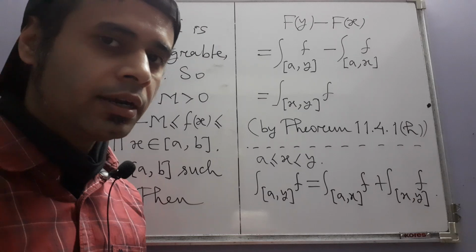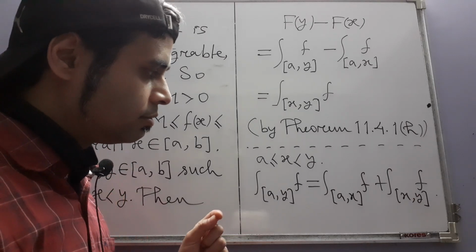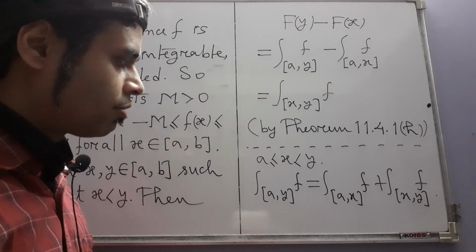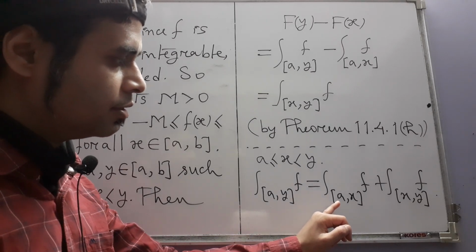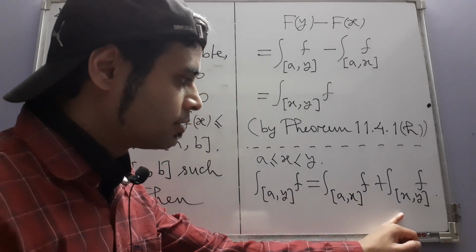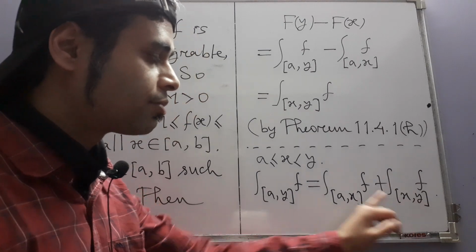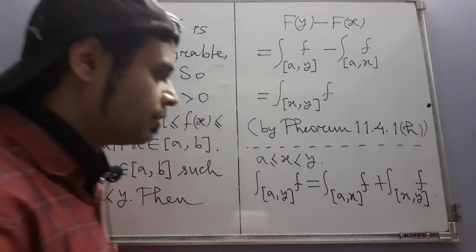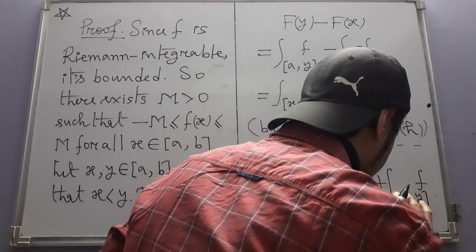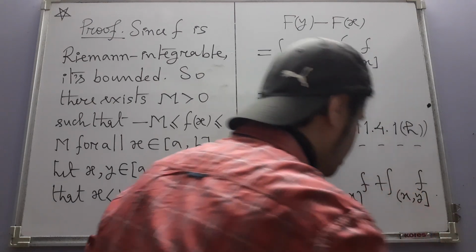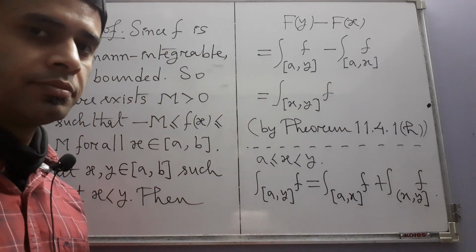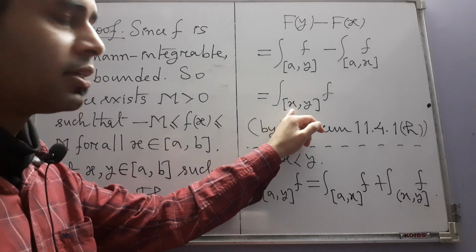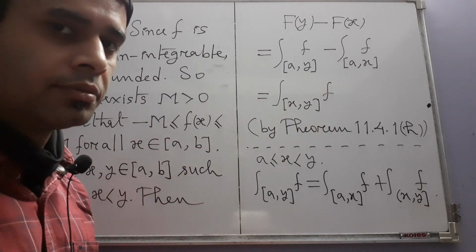If you are keenly observing, you may have a confusion. The confusion is that these two intervals do not exactly form a partition of this. Ideally, I should have written open interval here. But then what gives me the liberty to write closed interval here?